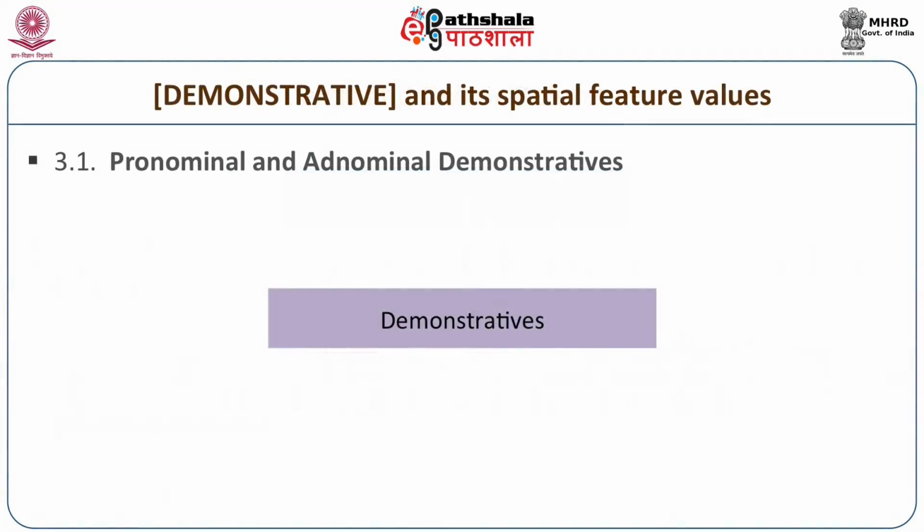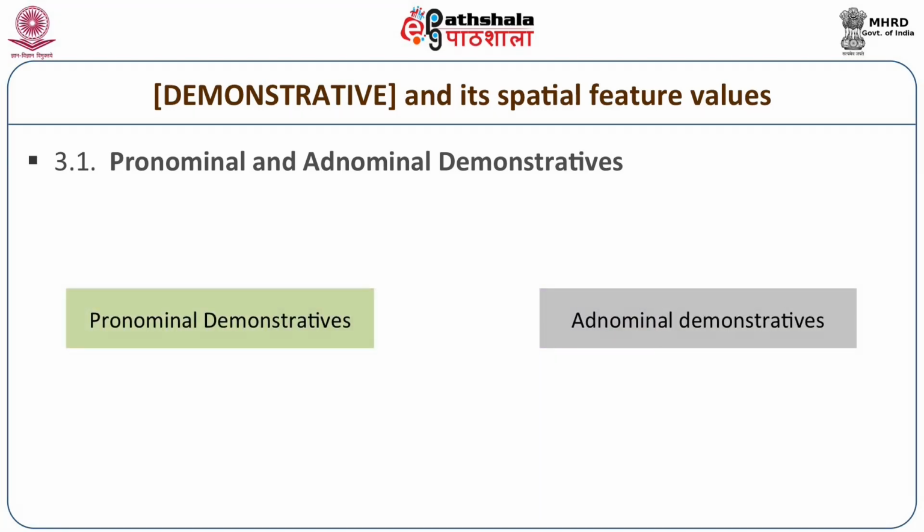We will look at demonstrative values first, that is, reference to the deictic center of the speaker or the hearer. Demonstratives are commonly divided into pronominal demonstratives, which substitute for a noun or a noun phrase, and adnominal demonstratives, which accompany a noun.